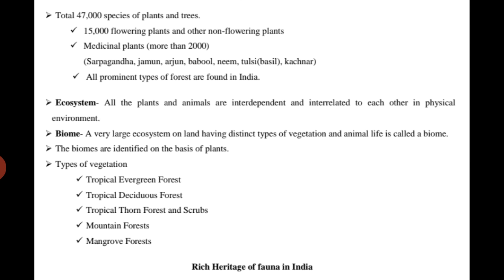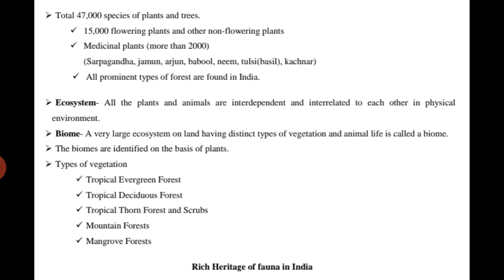Since past times we have been using them to keep ourselves healthy, in our kitchen, like turmeric, ginger, basil, asafoetida, aloe vera, and many other examples which we use on a daily basis in the form of spices or herbs.